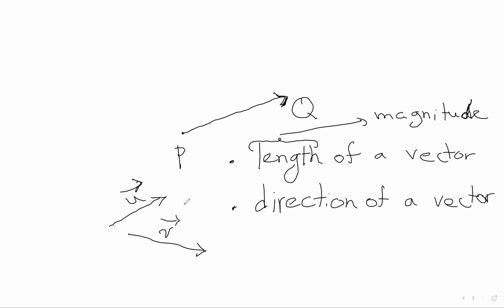One important thing that we should keep in mind is, let me go to the next slide and explain that. Suppose I have a line in the plane and two vectors, they show opposite directions. This vector u and this vector v.